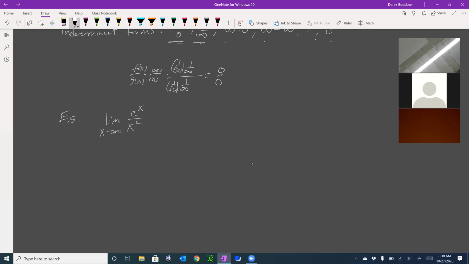So we're going to translate this to the limit of 1 over x squared over 1 over e to the x as x goes to infinity. This goes to 0, this goes to 0. Does that make sense? Or what do you mean by flip the coefficients too?